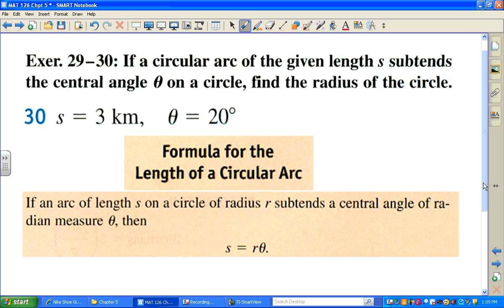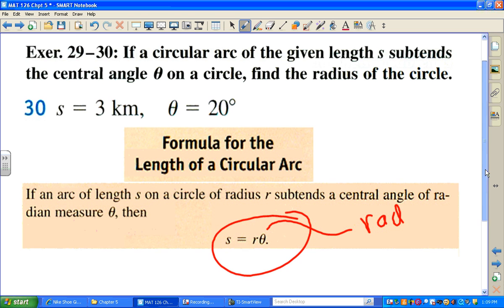Okay. All right. If the arc is given. Oh, arc length. S equals R times theta. Oh, there's a catch. Theta has to be in radians. It's nothing more than finding the fractional circumference of a circle.